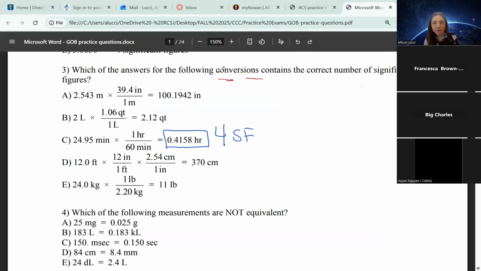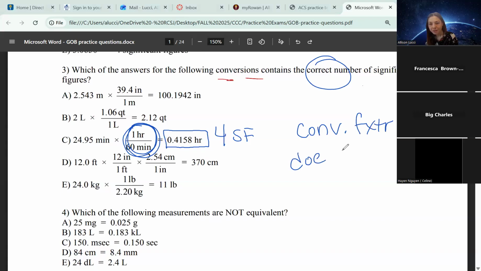So this would be the correct number of sig figs, because my conversion factor, this thing in the middle that I'm circling a bunch of times, will not affect my sig figs. So conversion factor does not affect sig figs. Okay, so that's good to note.